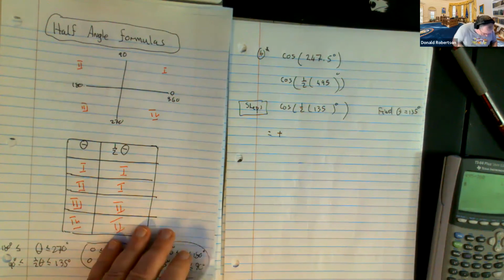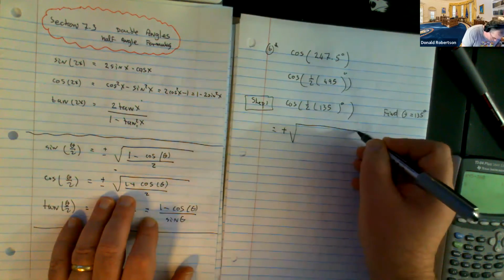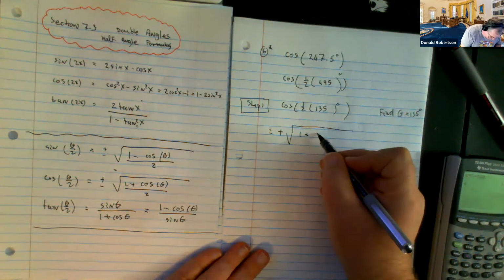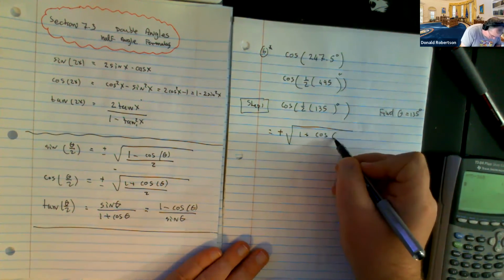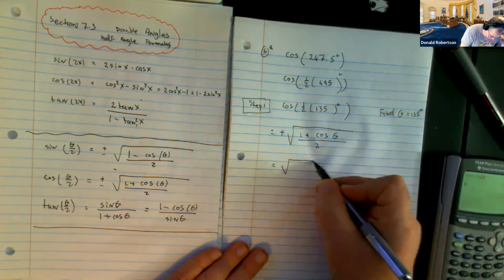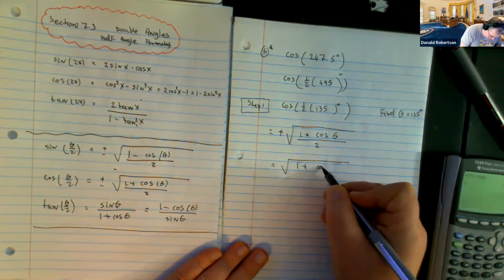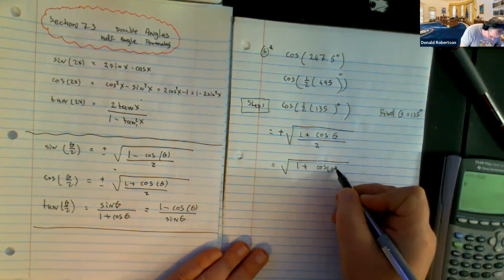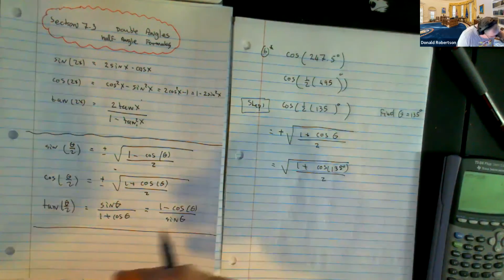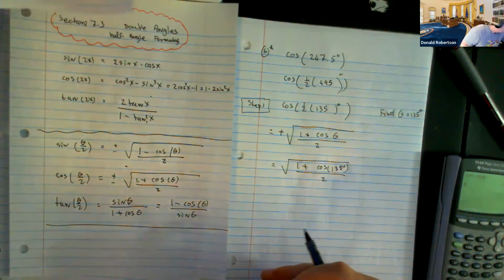Now, to get a cosine, it's plus the square root of 1 add the cosine of theta over 2. So it's going to be the positive square root of 1 plus the cosine of 135 degrees all over 2. And I need to find my unit circle.